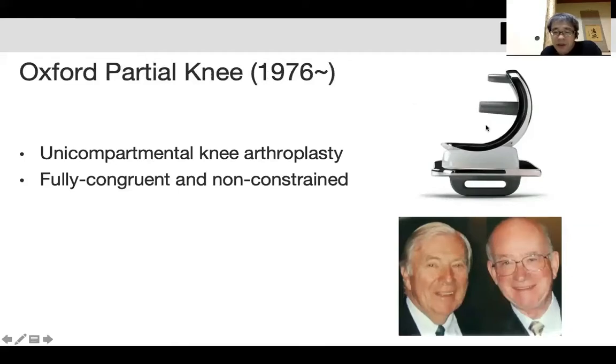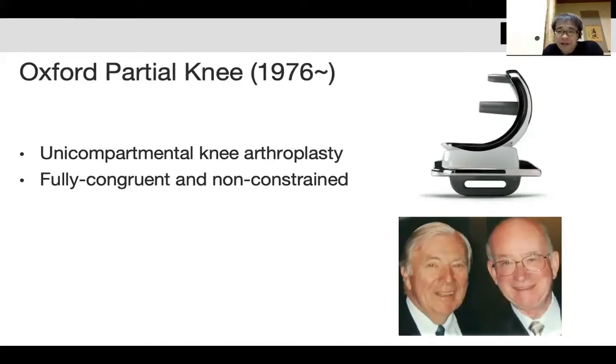The femur and the bearing are fully conformed, fully congruent, just like a ball and socket, just like a total hip, but with no constraints. So the bearing moves completely passively between the femoral and tibial components.